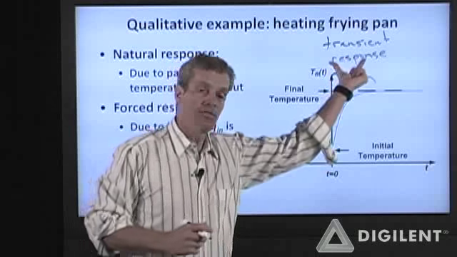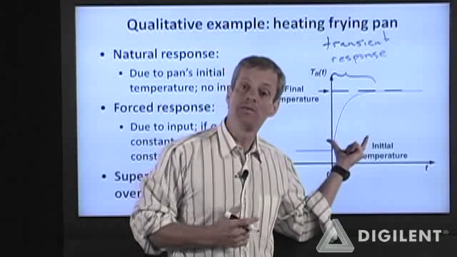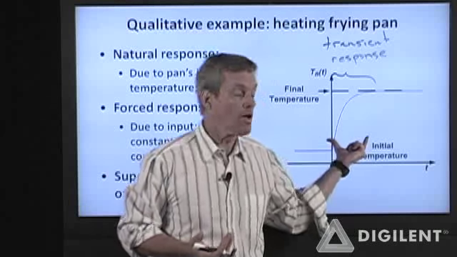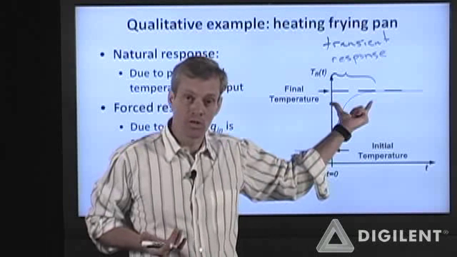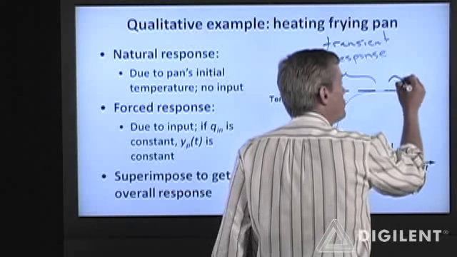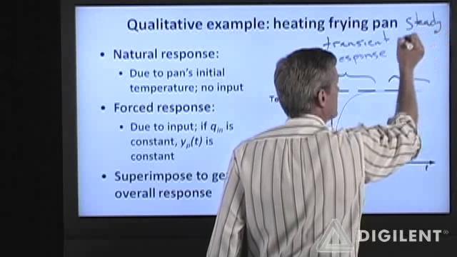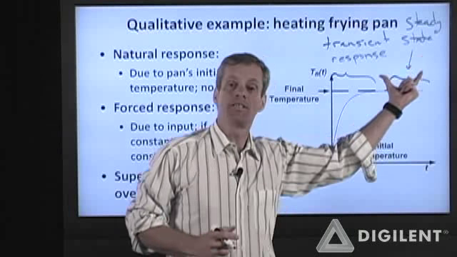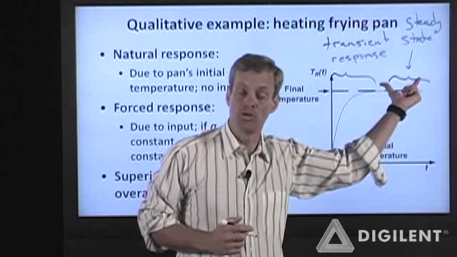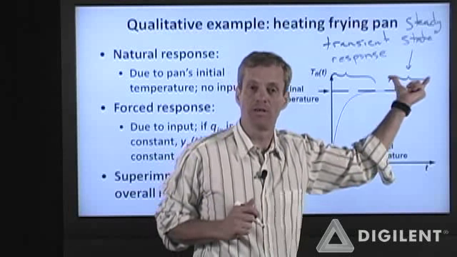The transient response contains both the response to the initial conditions and the specific input that you're applying. Once the natural response or the homogeneous solution has died out, you get your steady state response. The steady state response is really just the particular solution. Keep those terms in mind as well. We will be using them later on too.